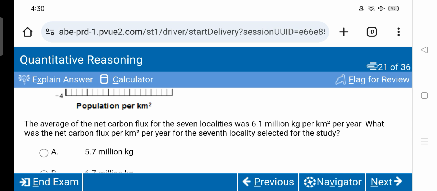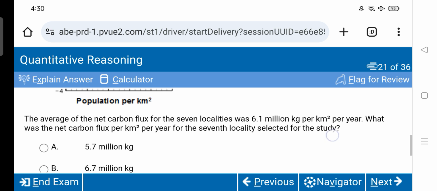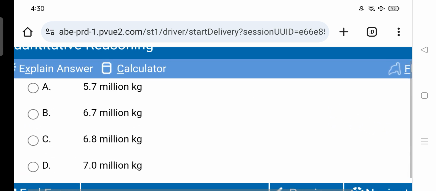So here we have option A, 5.7 million kilograms. Then we have option B, which is 6.7 million kilograms. Option C, 6.8 million kilograms.